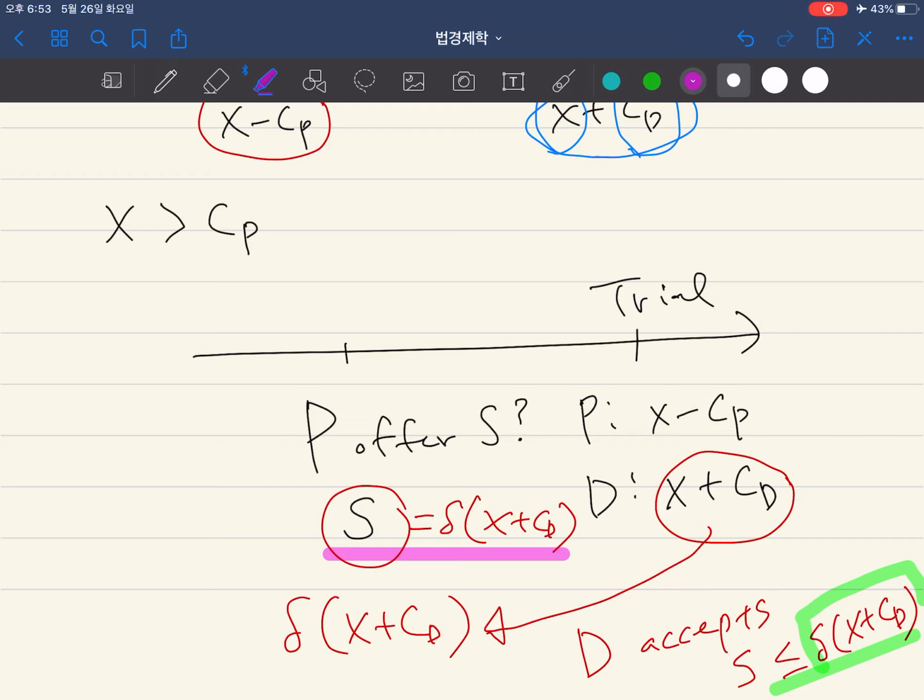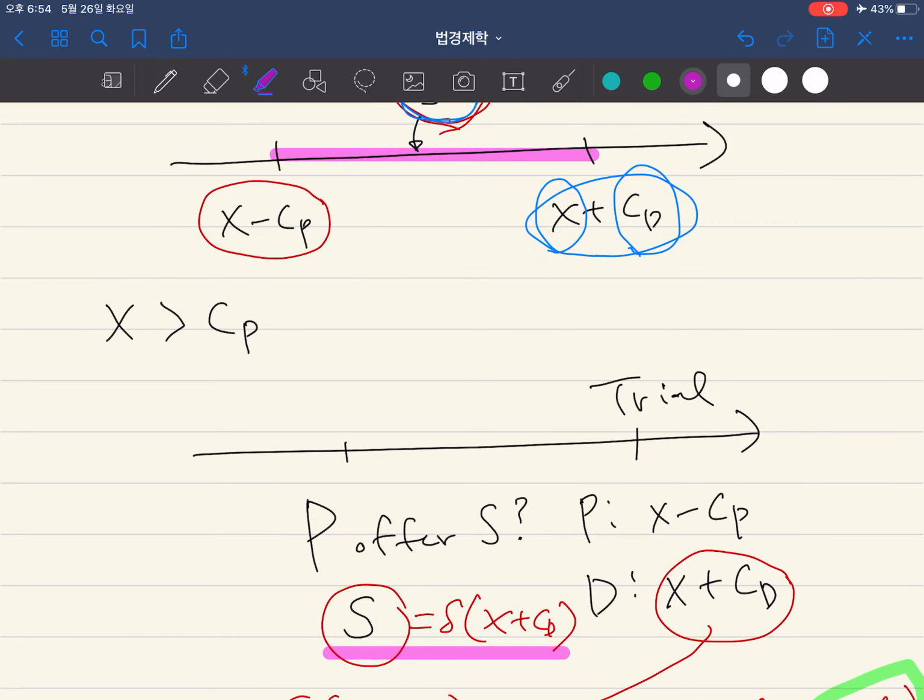So in this case, we can see that because plaintiff has this last chance to make a settlement offer, plaintiff gets almost the maximum amount from settlement.